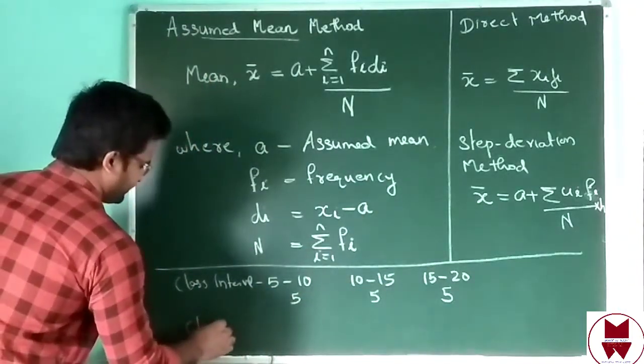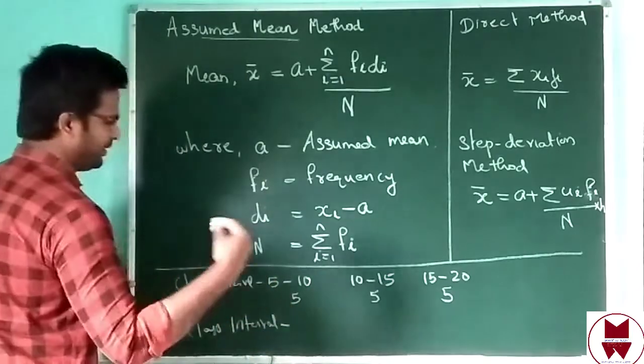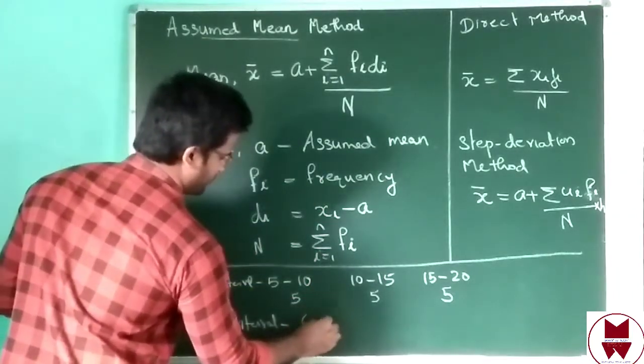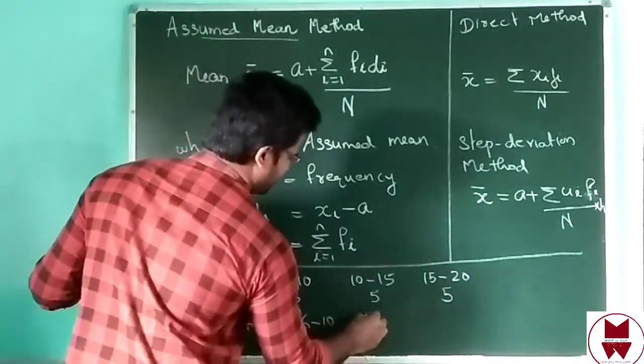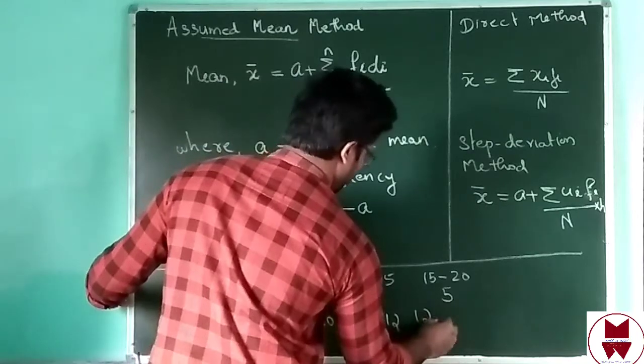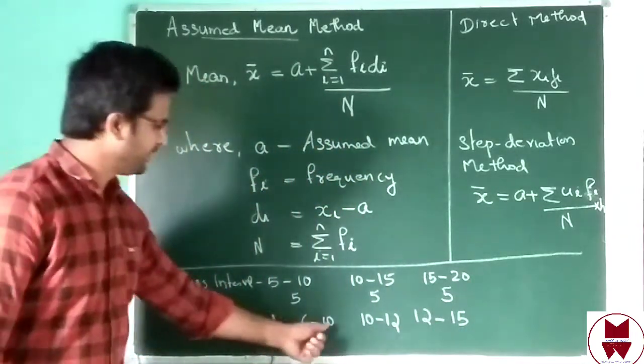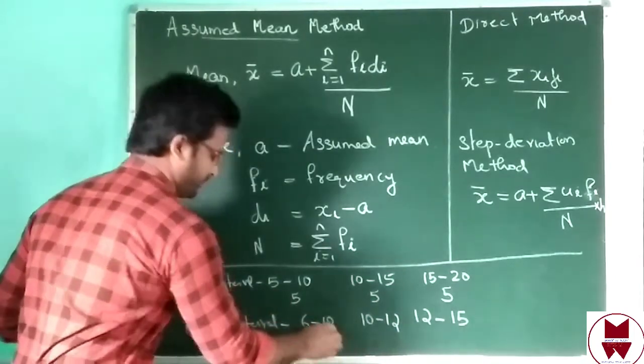Another case. In a question they have given class intervals 6 to 10, then 10 to 12, then 12 to 15. Check it here. What is the class width? 10 minus 6, 4.